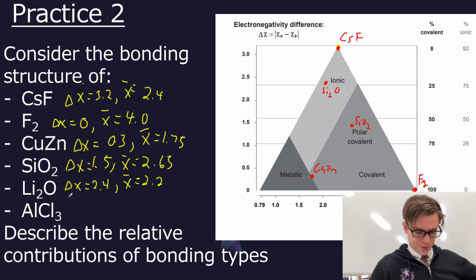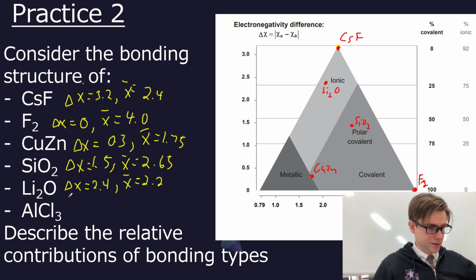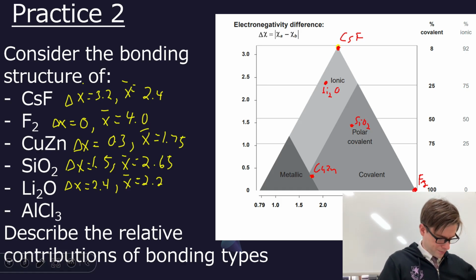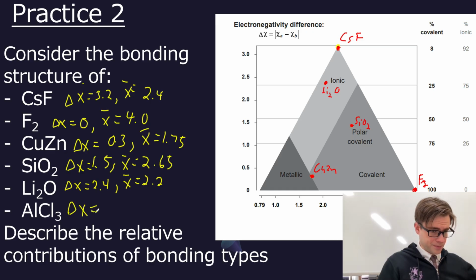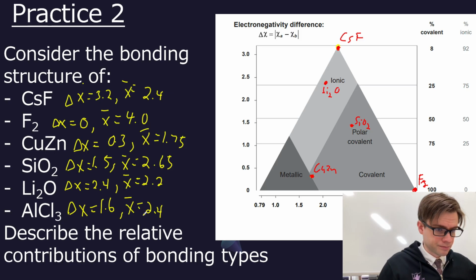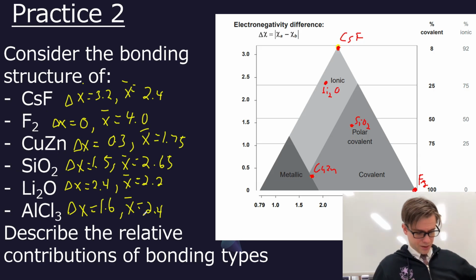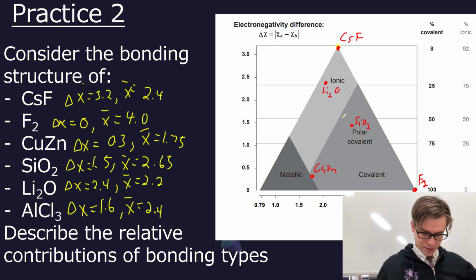And then AlCl3, this one I think is pretty interesting. So aluminum is 1.6, chlorine 3.2. That gives us delta X 1.6 and X bar 2.4. So where does that put us?